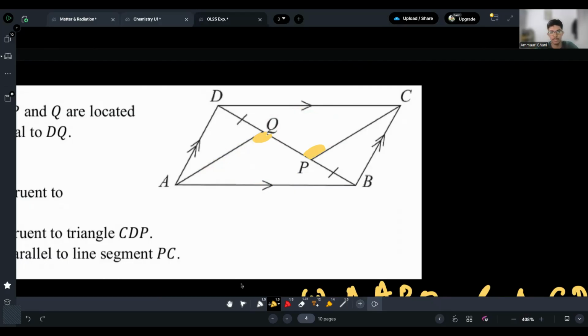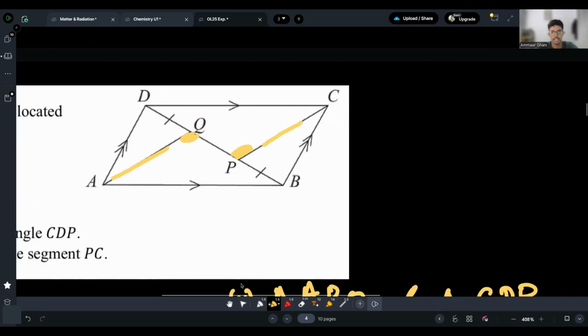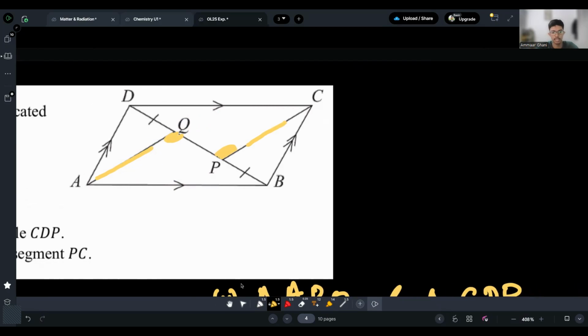So AQ becomes parallel to PC easily. Okay, so we can tell problem number 3, angle AQP is equal to angle QPC.